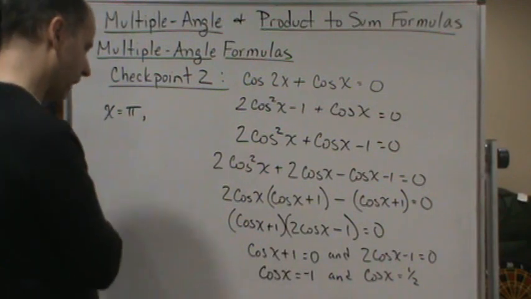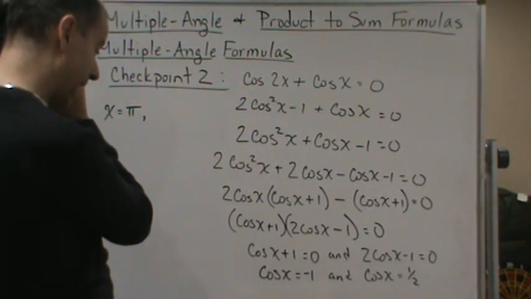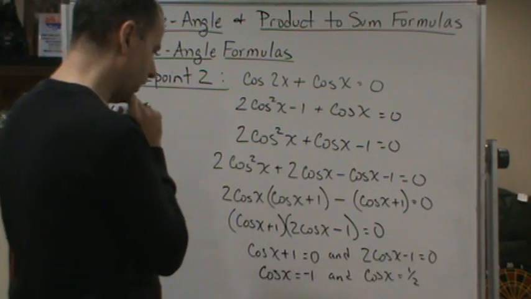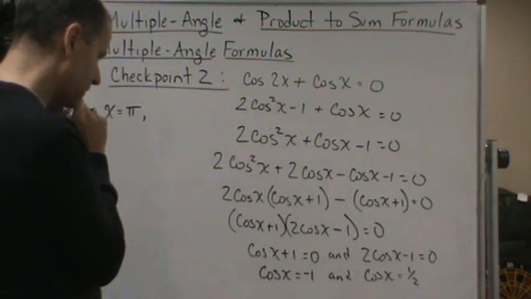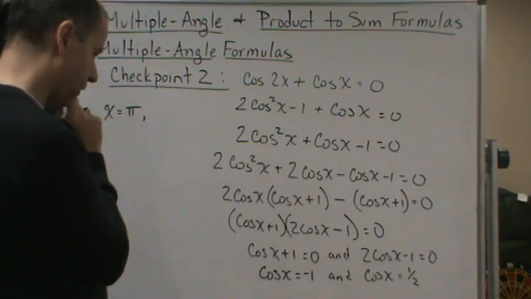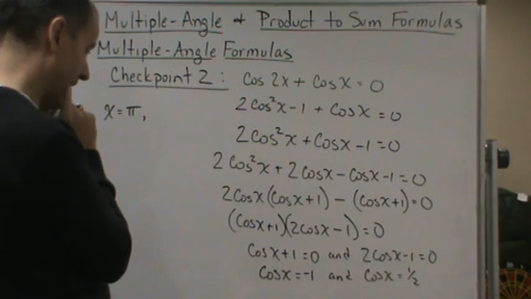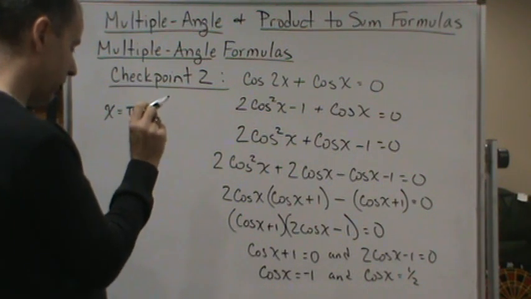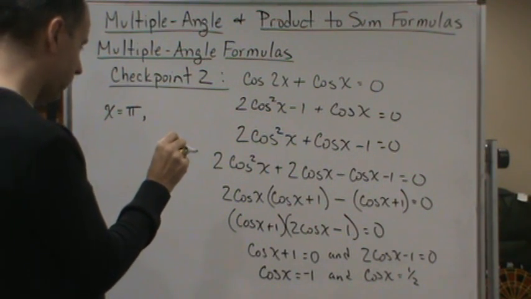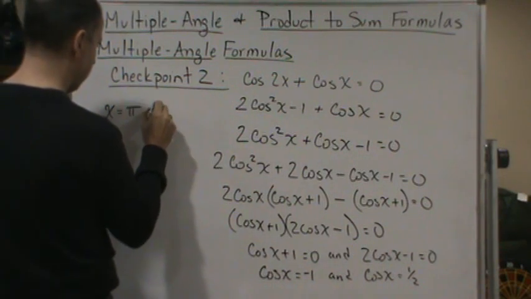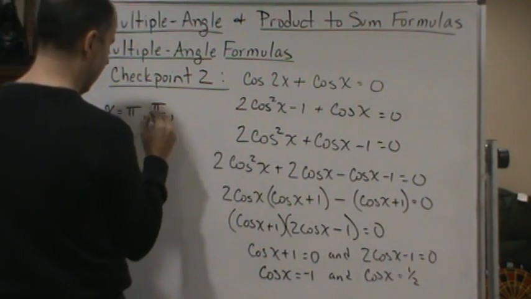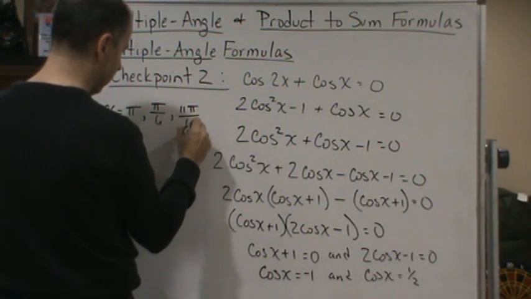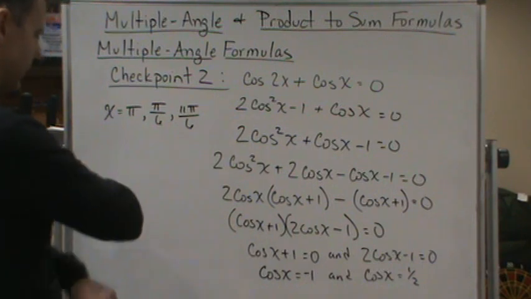And what about 1/2? So the cosine of what angle equals a half? That's going to be the 30-degree angle, or pi over 6. And so cosine is positive in the first and fourth quadrant. So that's going to be pi over 6 and 11 pi over 6, right?